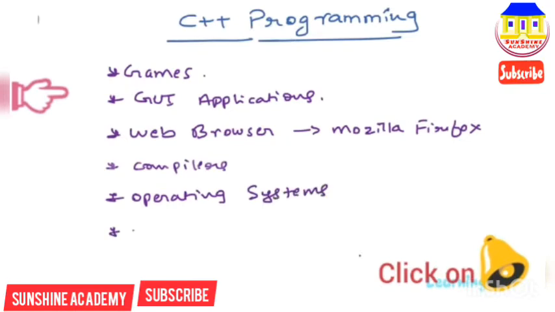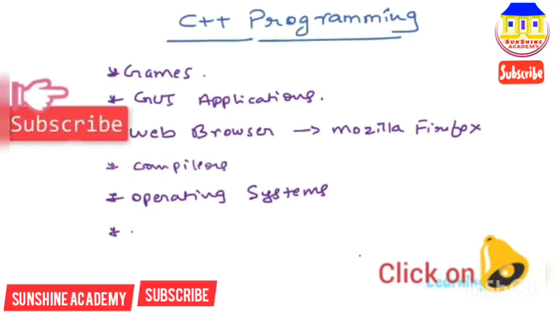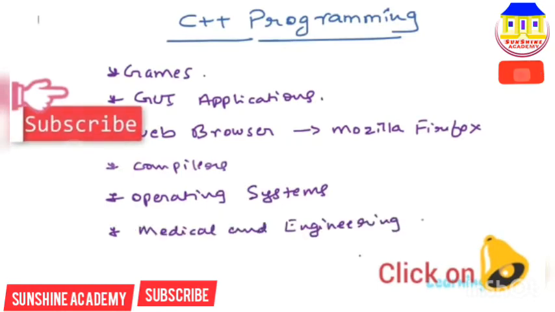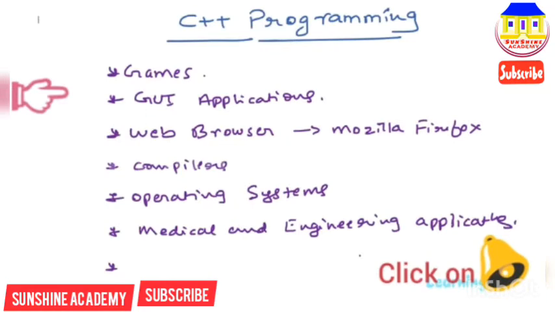And C++ is also used for medical and engineering applications. You guys may have seen that some of the simulation software and also some of the software used in the medical field are written using C++.